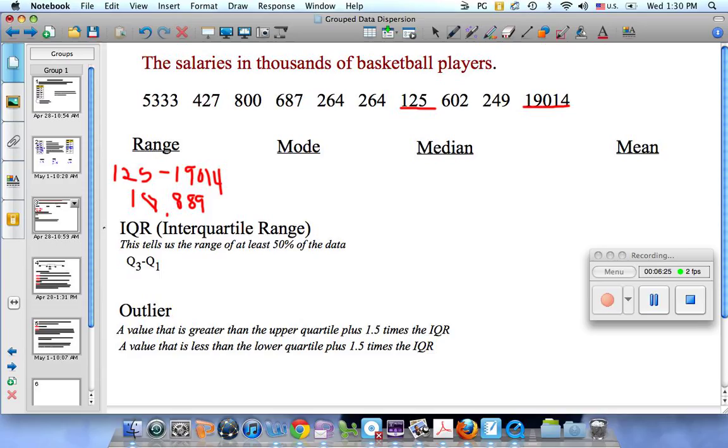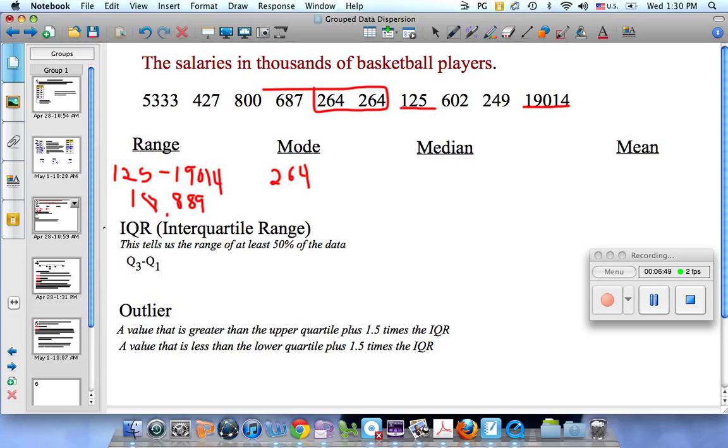Okay, the mode, the most occurring salary is right here. We got 2 people making $264,000 a year. The median is the one in the middle. And I'm just going to be lazy and let my calculator do that.